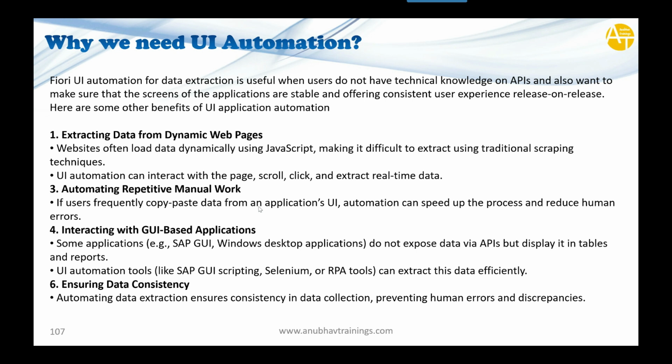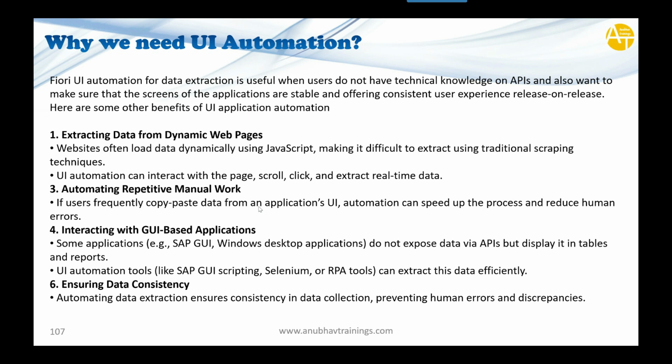This could also be a testing use case, where you would like to check whether, in my current release, this element is present on the screen, and in the subsequent release, after my system is upgraded, the element is also there. But typically, it also helps us automate the manual work which a user does by eye on a Fiori application. UI automation also helps us offer a consistent user experience release on release.